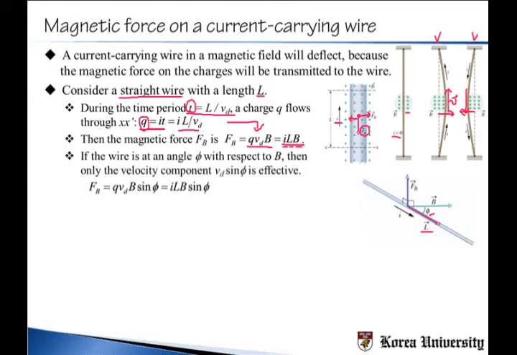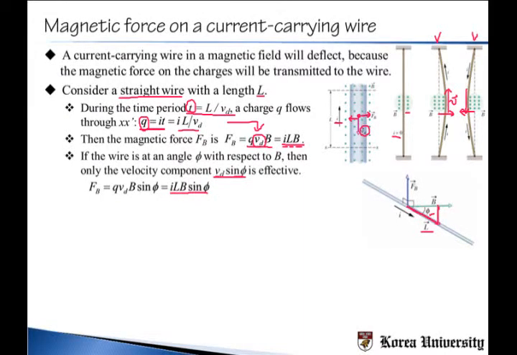In that case, you need only the sine component. With this angle, you take L multiplied by sine phi, which is effectively the velocity vector multiplied by sine phi. So now comparing this with the above equation, instead of this simple Vd, we will insert Vd sine phi, and then finally what you will get is ILB sine phi.